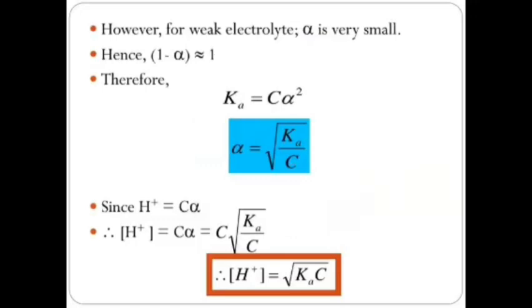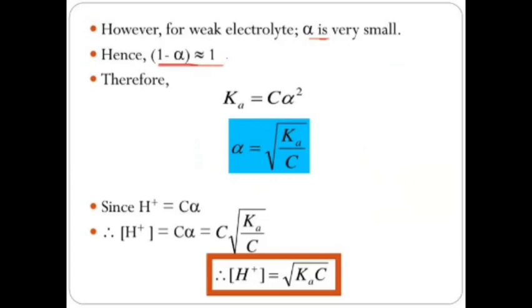Now for a weak electrolyte, what happens to alpha? We know that the degree of dissociation for a weak electrolyte is very, very small. Hence the 1 minus alpha value is nearly equal to 1.